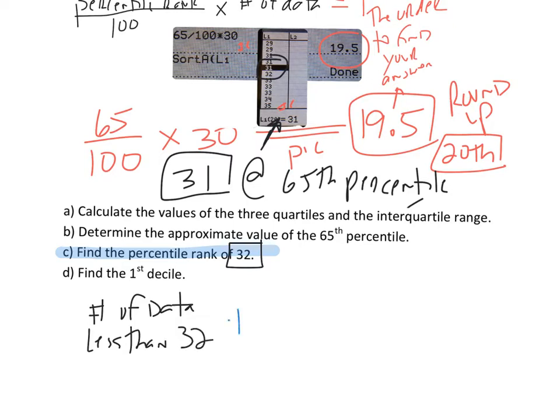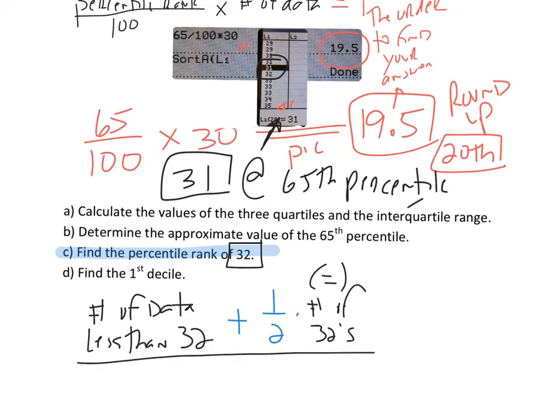Then you're going to add to that 1/2 times the number of data values equal to your given value. So take the number of data less than 32 plus 1/2 times the number of 32s, and divide by the total number of data, which in this case the problem told you was 30. So what we have to do now is go into our list and find the number 32.